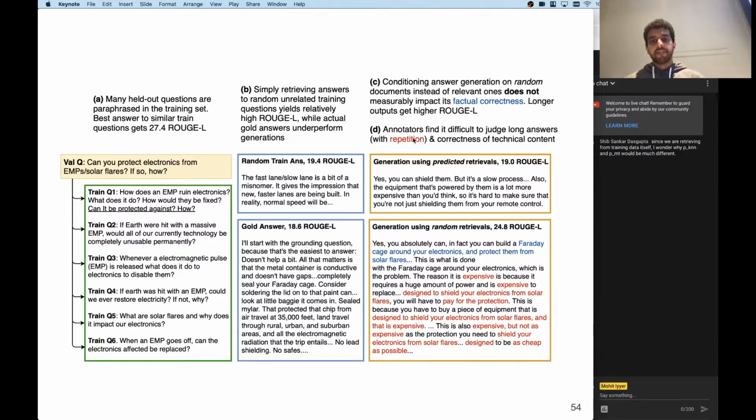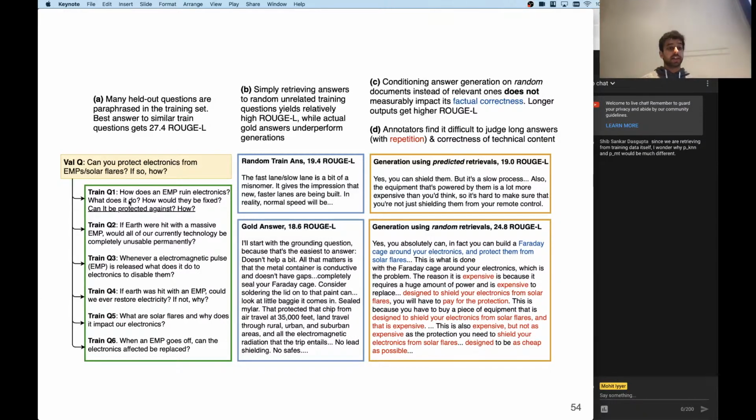And finally, I want to highlight part D here. You could imagine, okay, we don't have any automatic metrics for this task, so let's have humans evaluate the output of generated systems. But it's actually very difficult to have humans evaluate these answers because it requires expert knowledge.